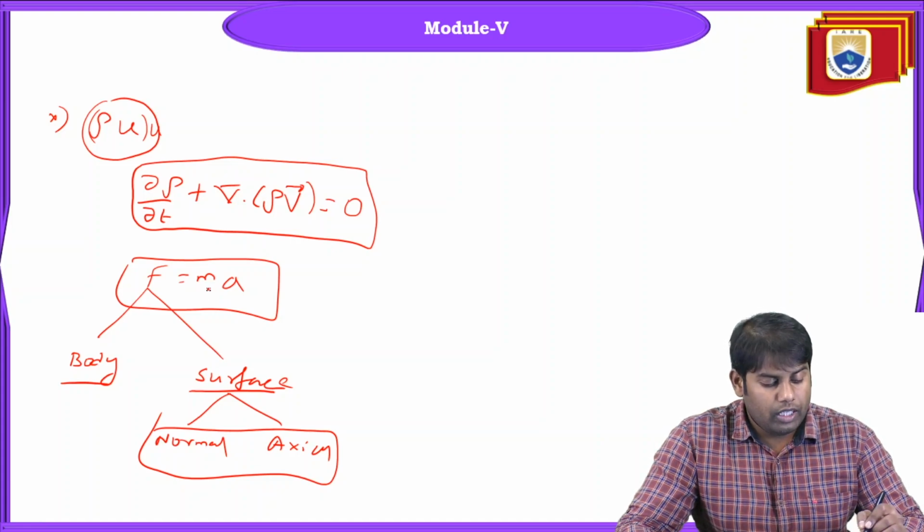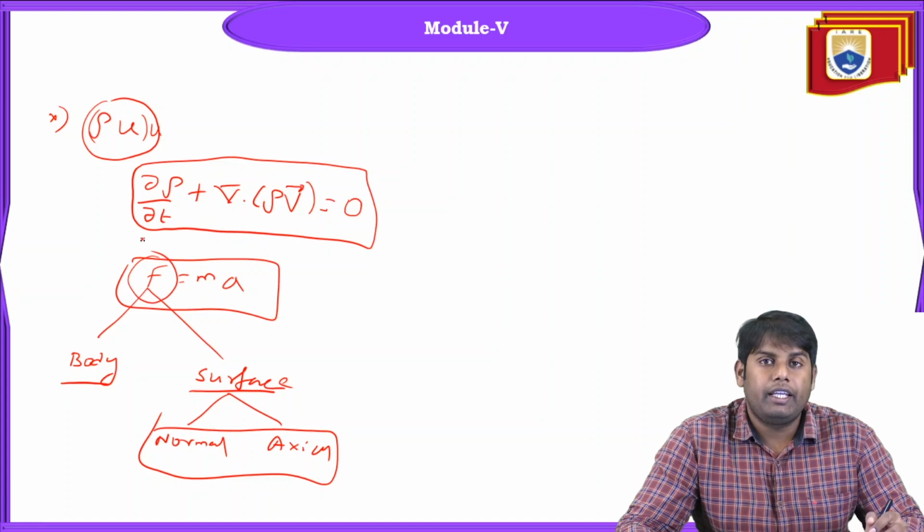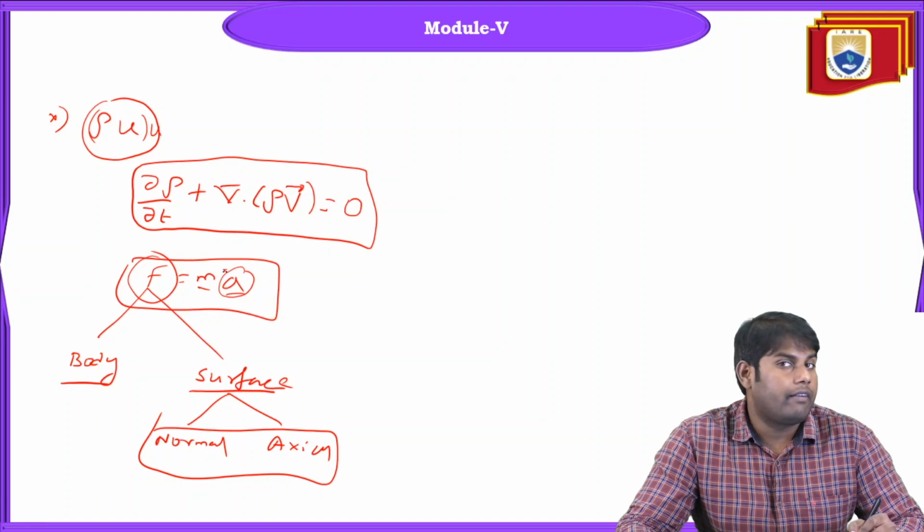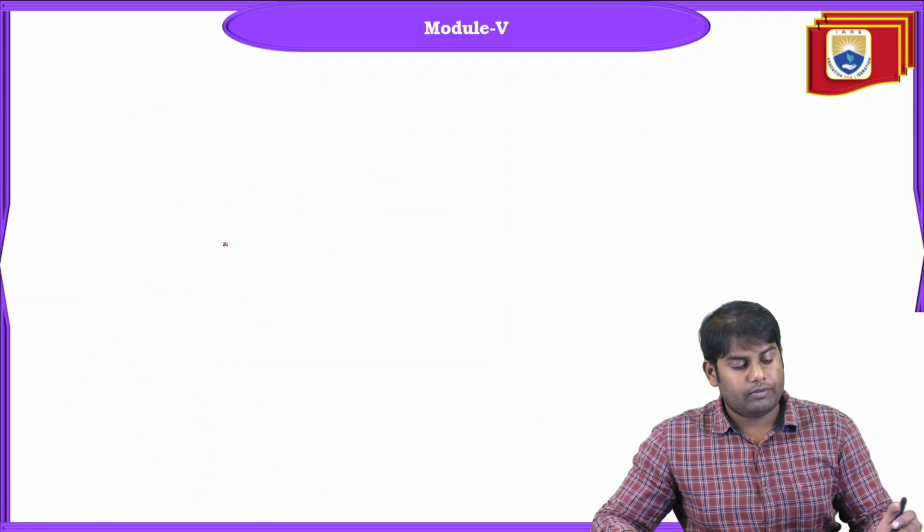So in the force terminology, we have the diffusion term. Here m into A is mass into acceleration, and in the A term you have the convection term. We'll see in detail.